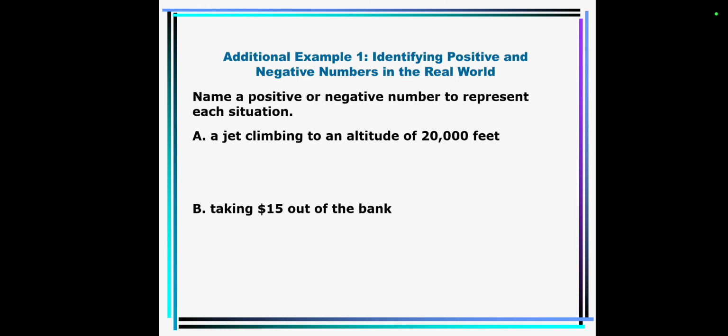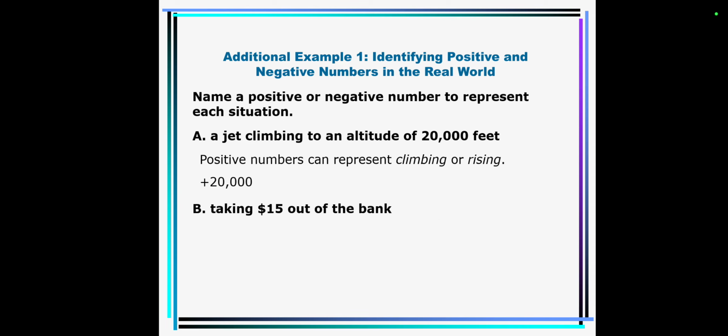Here are examples of positive and negative numbers in real-world situations. You have to name whether it is a positive or negative number to represent each situation. For example, a jet climbing to an altitude of 20,000 feet. That is a positive number because it represents rising.